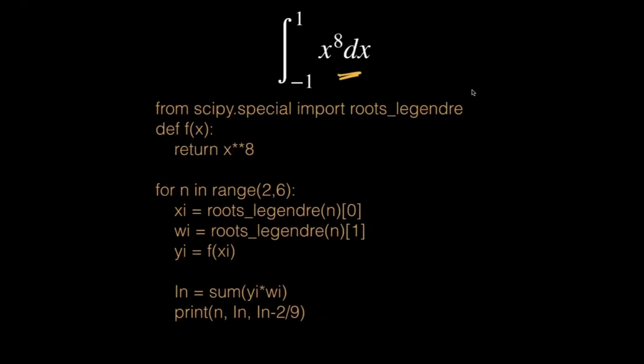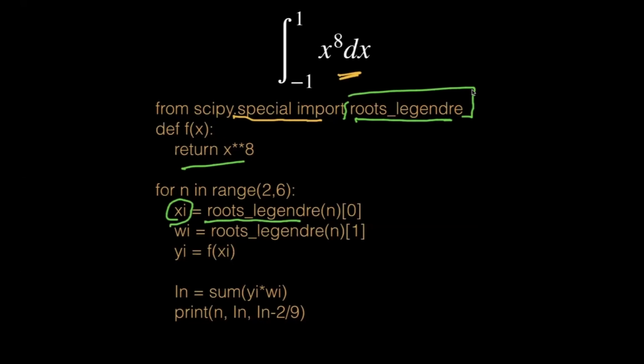Now, from scipy.special, I get this roots_legendre. So this is the module roots_legendre. Now, the function x^8 returns x^8. How do I get the roots? I just call this function roots_legendre, and it will give a list. So xi is the roots which I need.